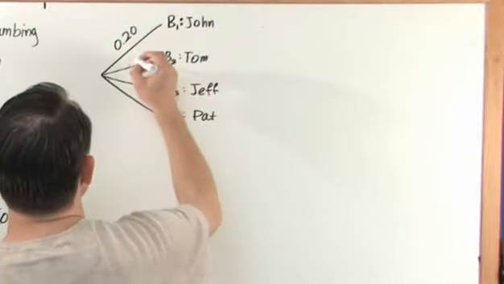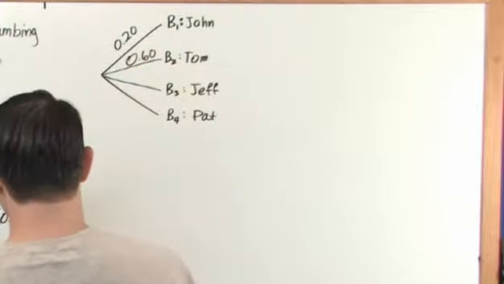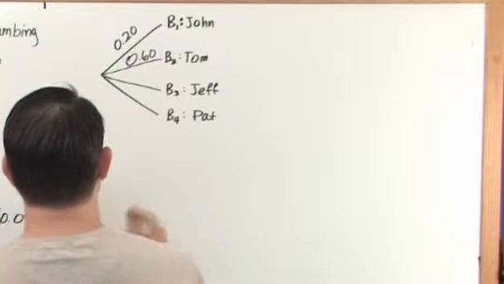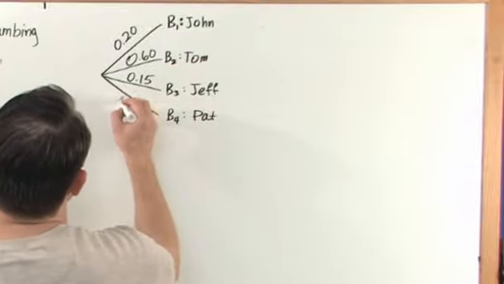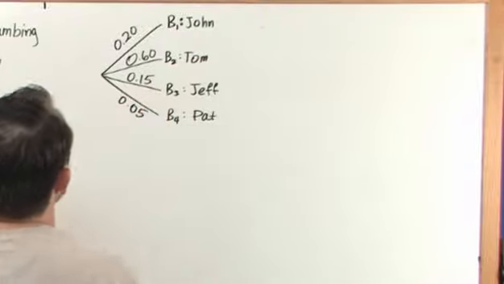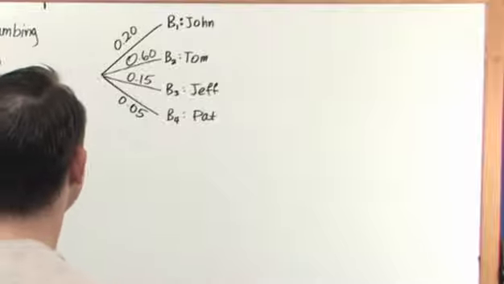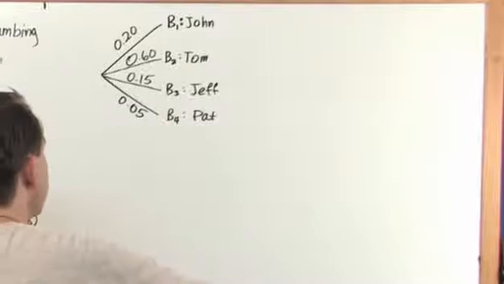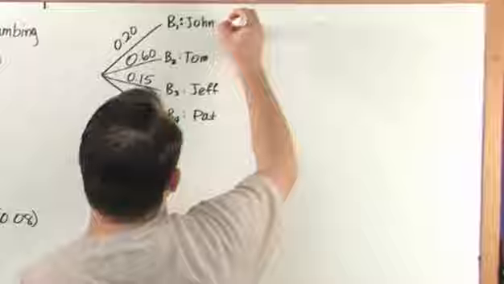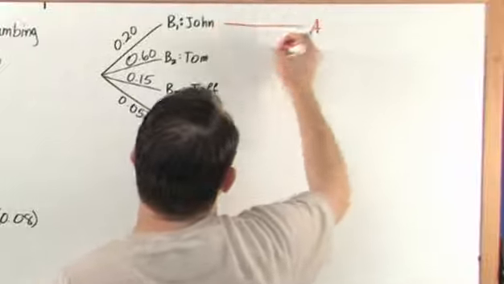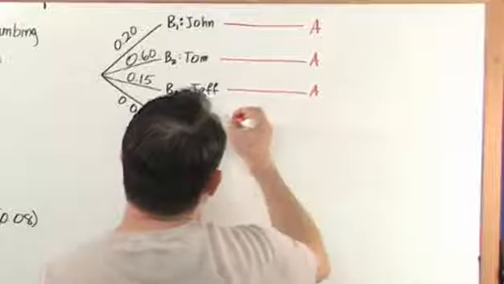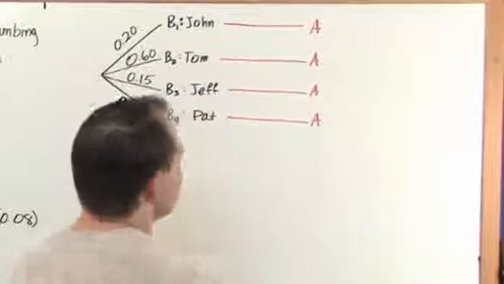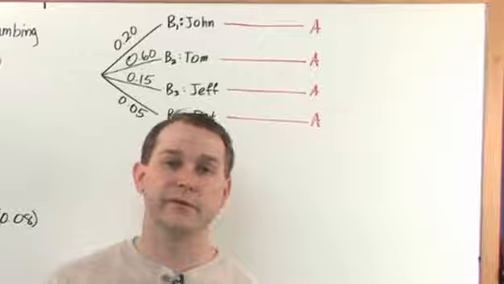Tom delivers 60%. Jeff delivers 15%. And Pat delivers 5%. Okay? So we know the percentage that these people actually deliver the mail. Now, John loses the packages a certain amount of time, and actually so does everybody else. And we're given those probabilities, but they're not given in terms of percentages. They're not given in terms of Jeff loses 10% of the mail.